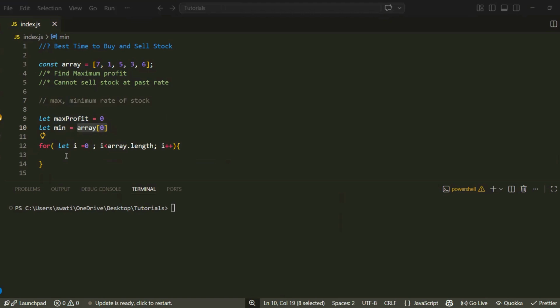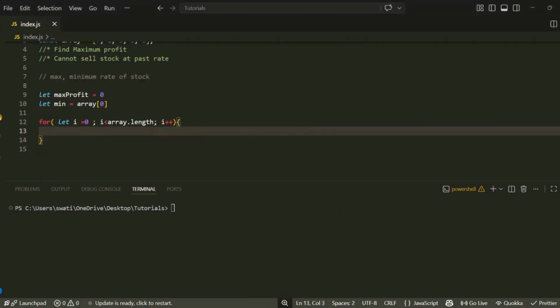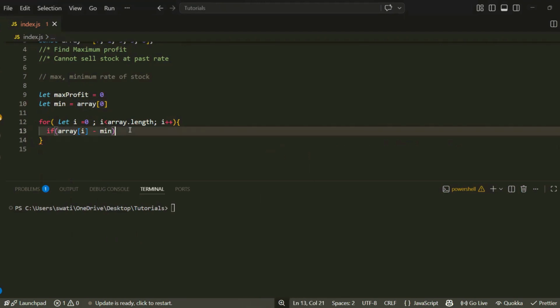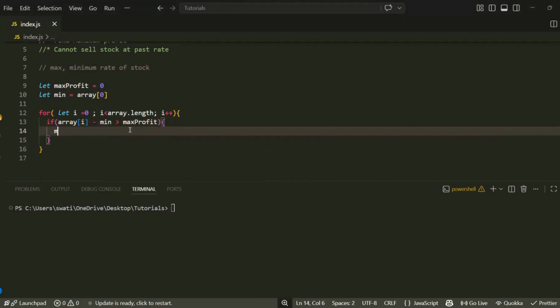What I mean is, if I check if array of I minus this min, that is the initial value of the array, is greater than max profit. So in this case, we are going to update our value of max profit. This max profit is going to be the value of this.